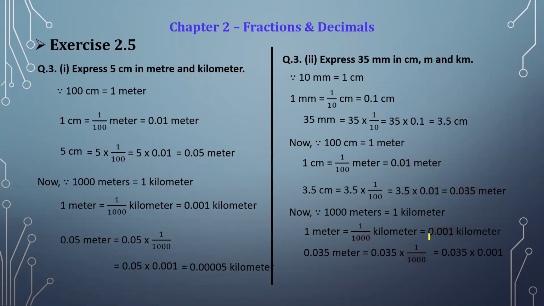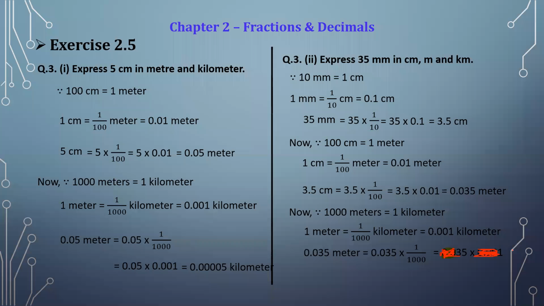To perform this multiplication, remove the decimal point temporarily. The zeros cancel because we are removing the decimal, so only 35 remains, and in the second number only 1 remains. 35 into 1 is 35.